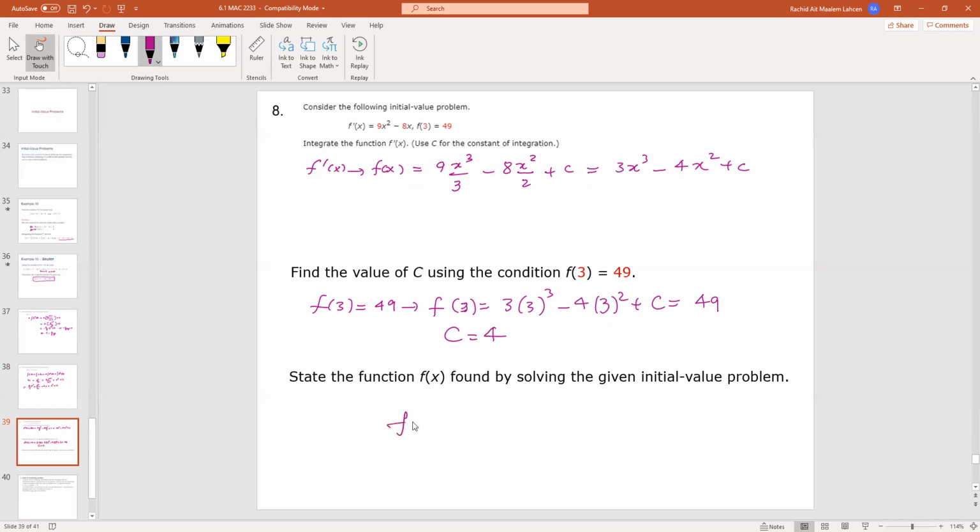So the function f of x, the solution of this initial value problem, is 3x cubed minus 4x squared plus 4.